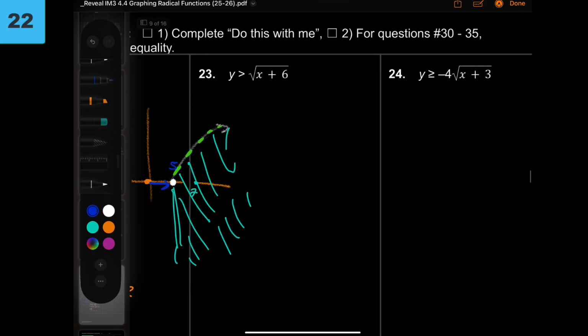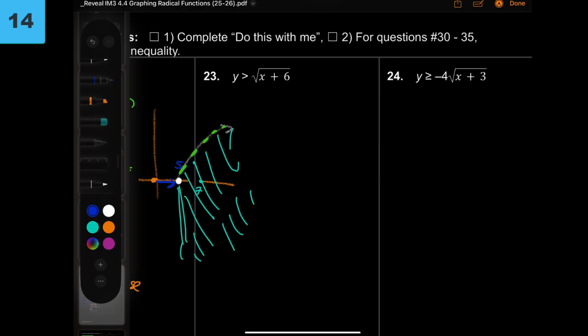Okay, number 23. Remember, you can do this quickly by the x-intercept, making the y 0. Square both sides, and you'll get x equals -6.